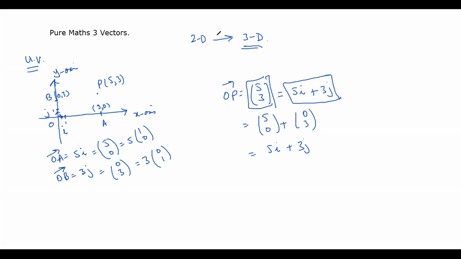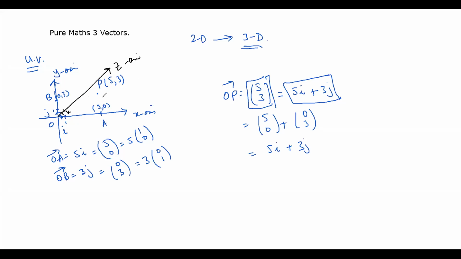Now, when we have things in 3D, there will be the third dimension over here. The third dimension would be like this, that you will have a z-axis like this, okay? This is the z-axis over here. So imagine you're inside, and it has a unit vector, which is k, okay?